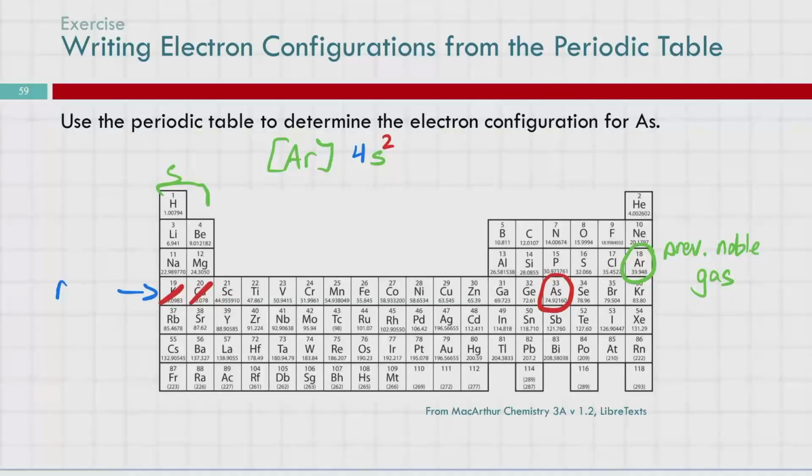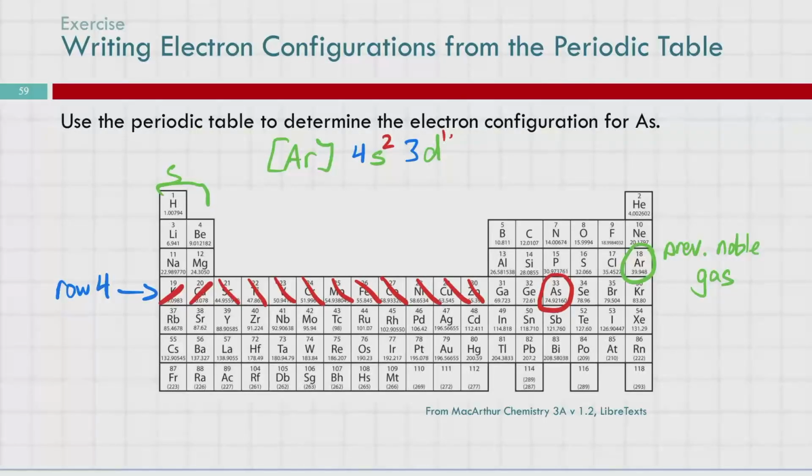Swap some colors. And then what's next? 3D. D, and it's 3D. It's really popping off of the board. Not 4, 3, 3D. You can only get 4D in the movies. So 3D, and how many spots are we past in D? 1, 2, 3, 4, 5, 6, 7, 8, 9, 10.